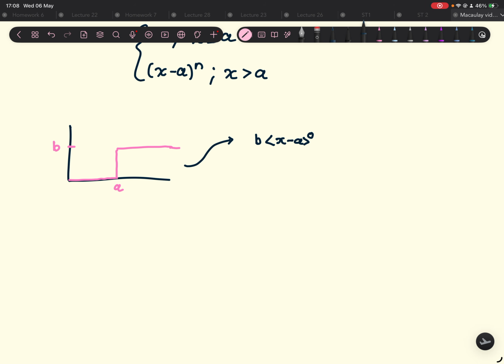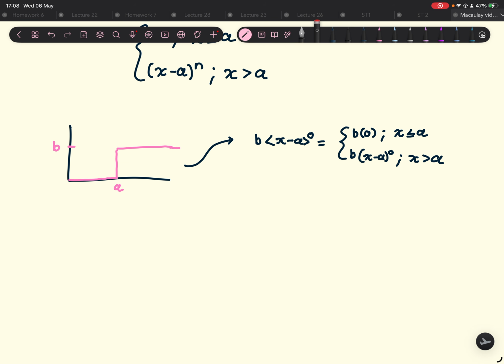If it's to the power 0, then this function over here is going to switch on only when x is greater than a. If we were to express it as a piecewise function, you're going to have b times 0 when x is less than or equal to a, and then b times x minus a to the power 0 when x is greater than a.